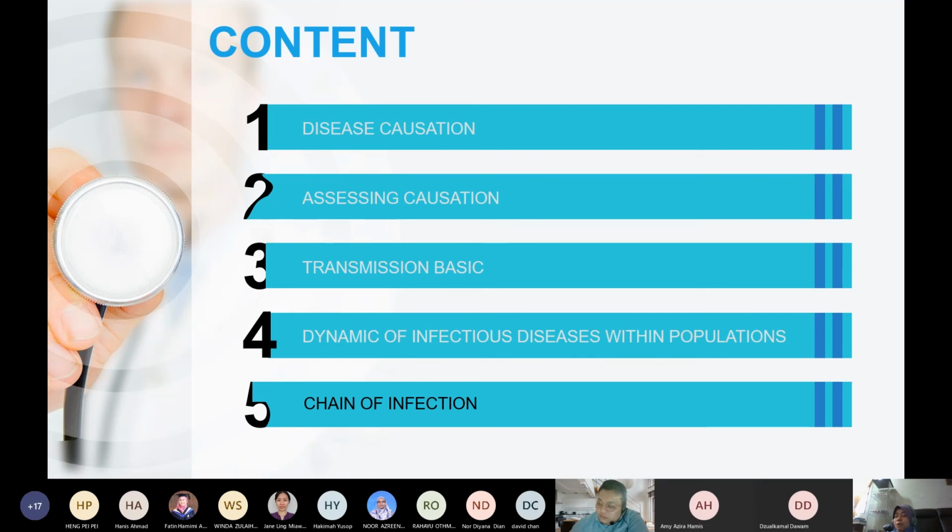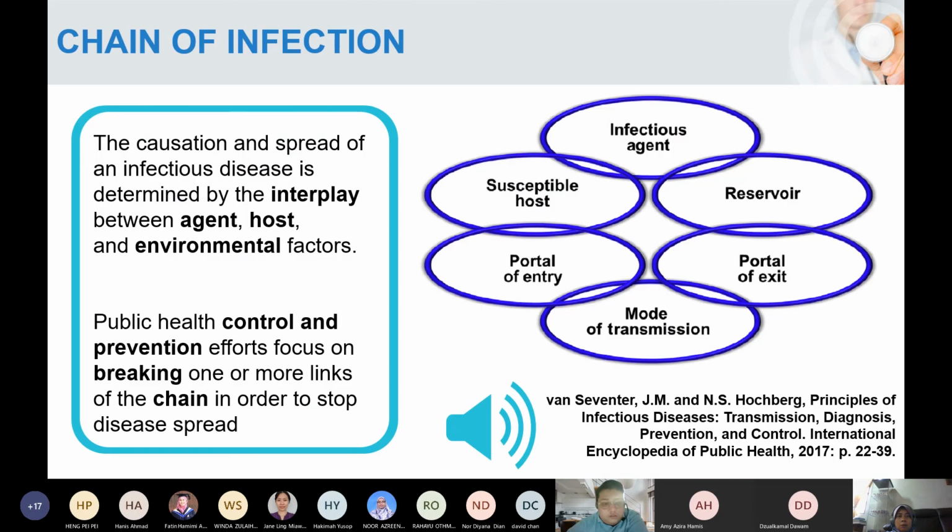Next is the chain of infection. Okay, what is the chain of infection? We hear every day people say break the chain, "memutuskan rangkaian". Which chain? It's the chain of infection, "rangkaian jangkitan", we hear the same thing every day.